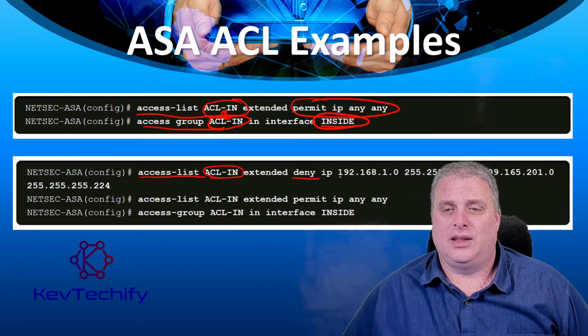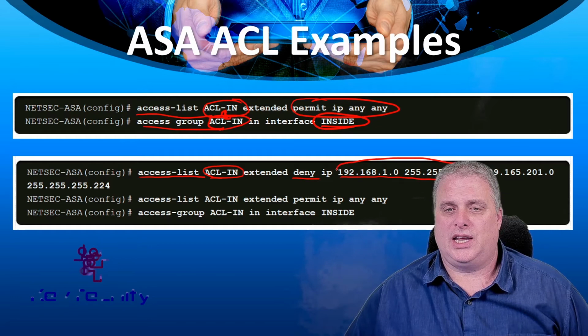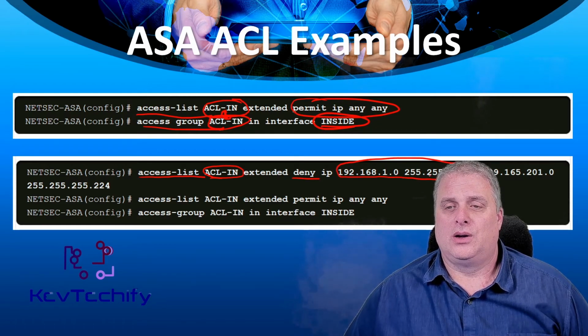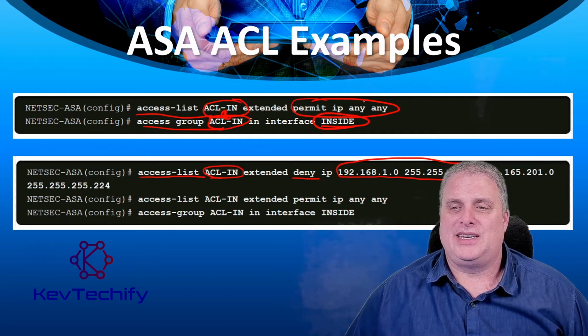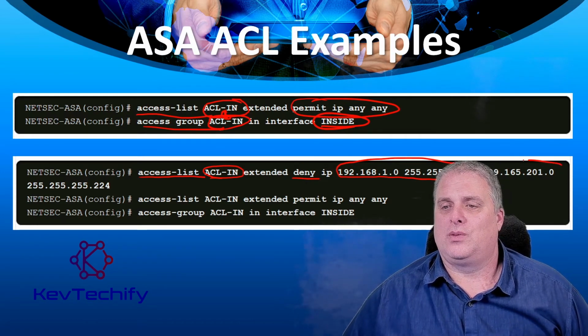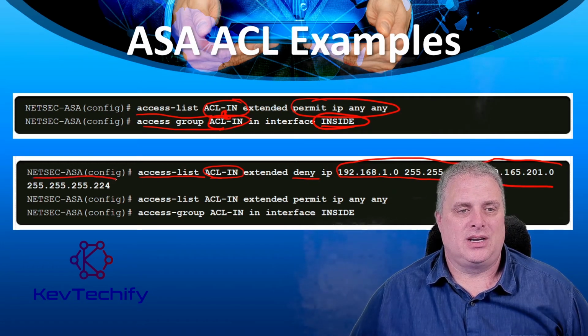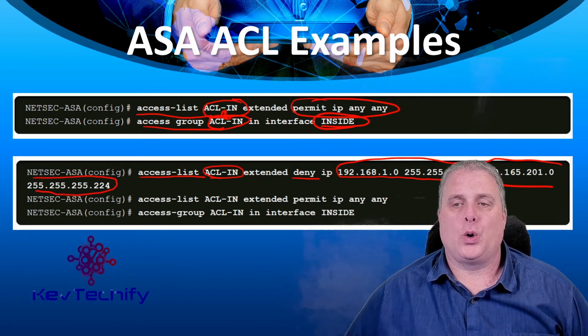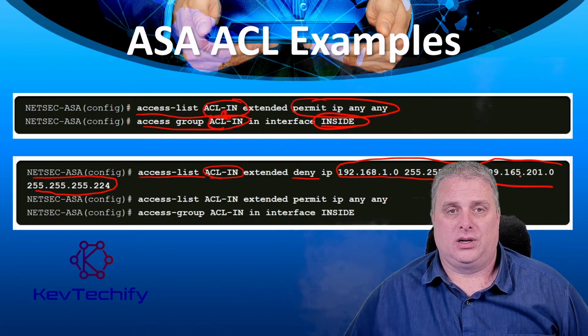IP, and then we're putting in a network address, a subnet address of 192.168.1.0 with a /24, and traffic destined to the 209.165.201.0 with a /27. So we're going to deny any traffic starting on the 192 network going to the 209 network.